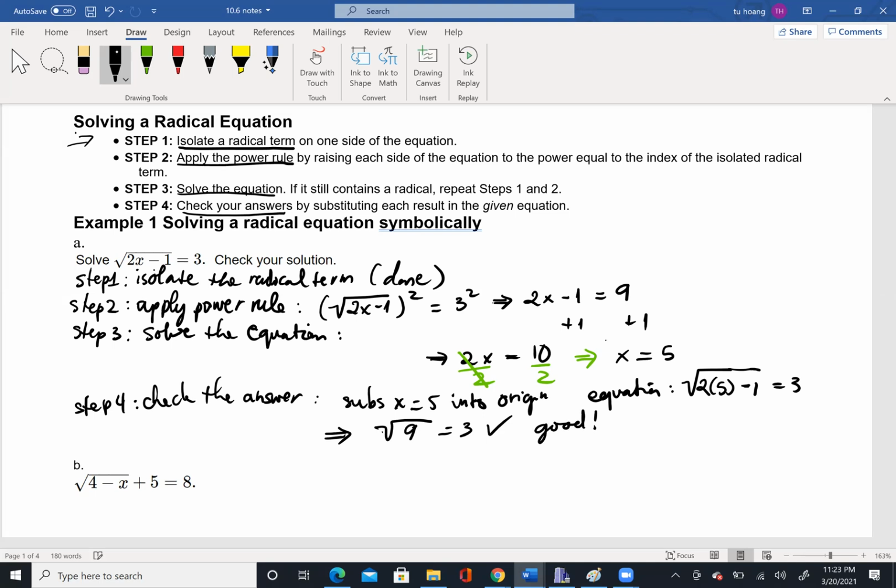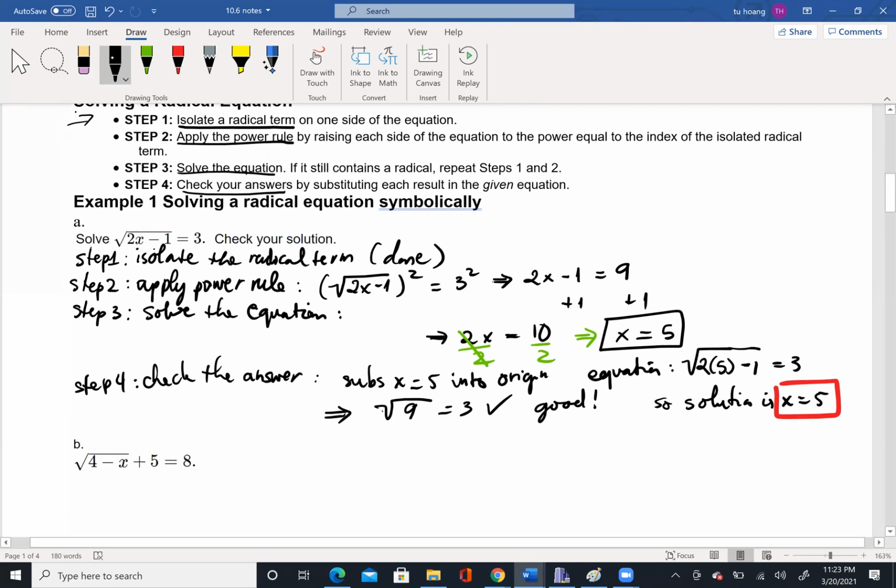So the solution should be x equal to 5. And I'm just going to circle this.